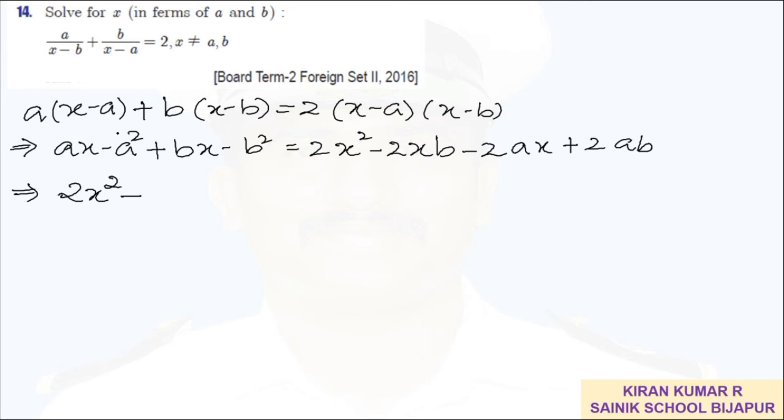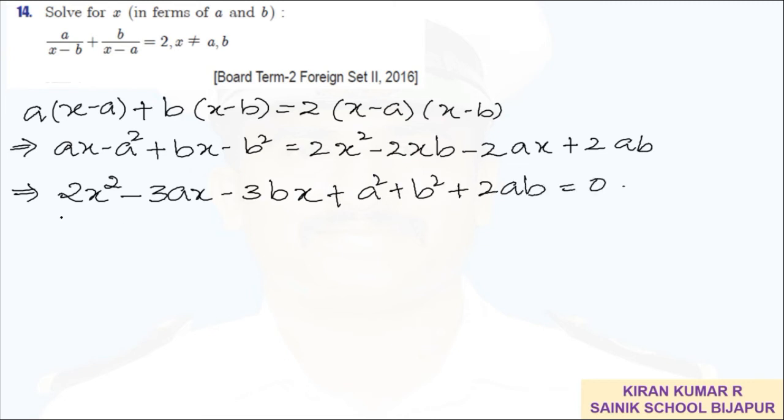When you transpose this side, this side, it becomes negative. So minus 3 times of ax minus 3 times of bx, then we have positive a square plus positive b square plus 2ab equal to 0.